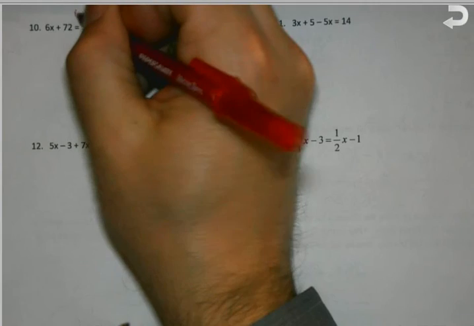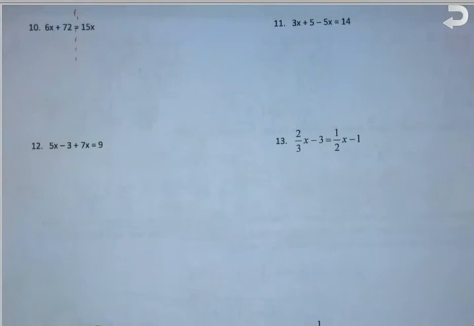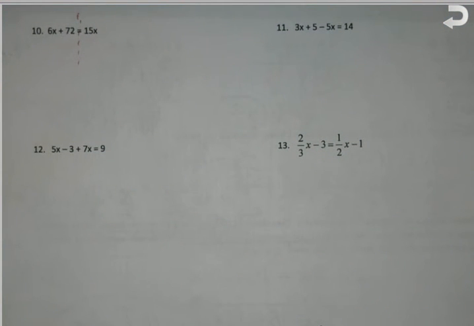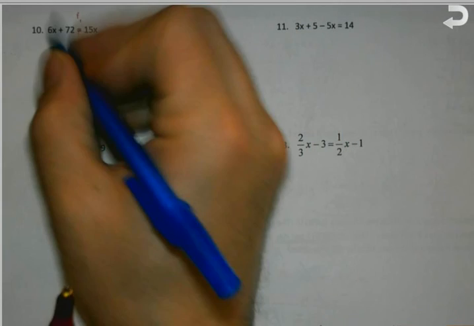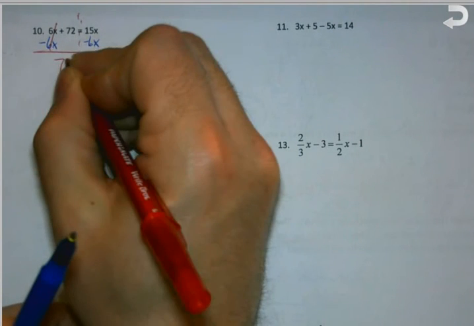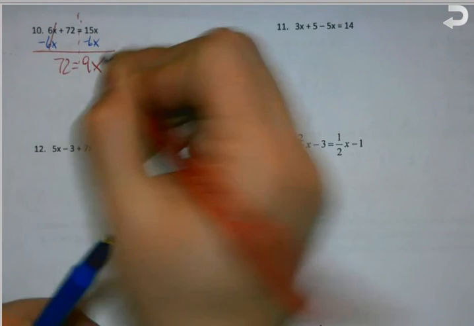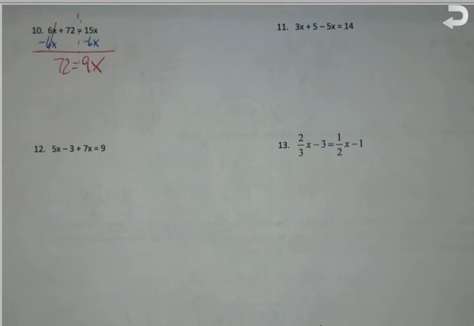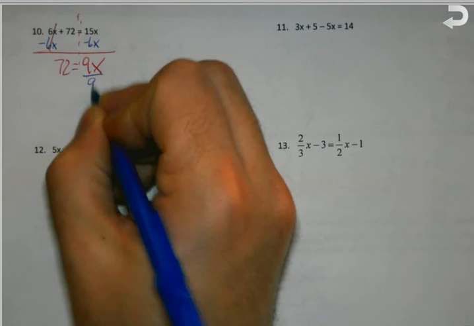Got the wall. What do I need to do first? We have options. What's that? Okay. Yeah, that was pretty good job. Get our x's to one side, our number to the other, and we got one step to go. Divide by 9.